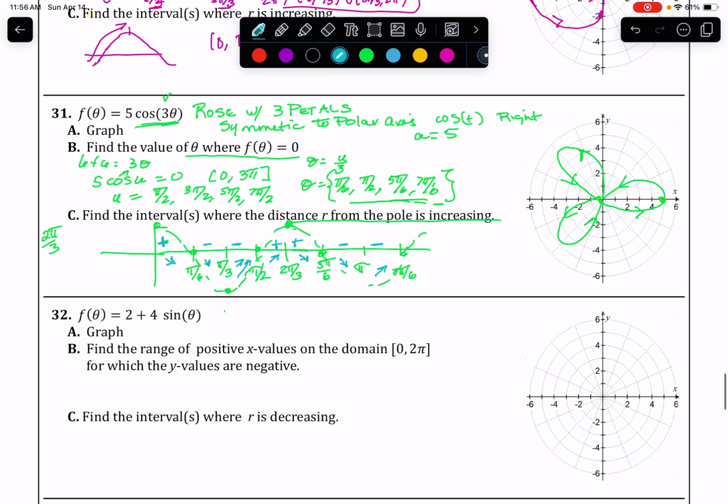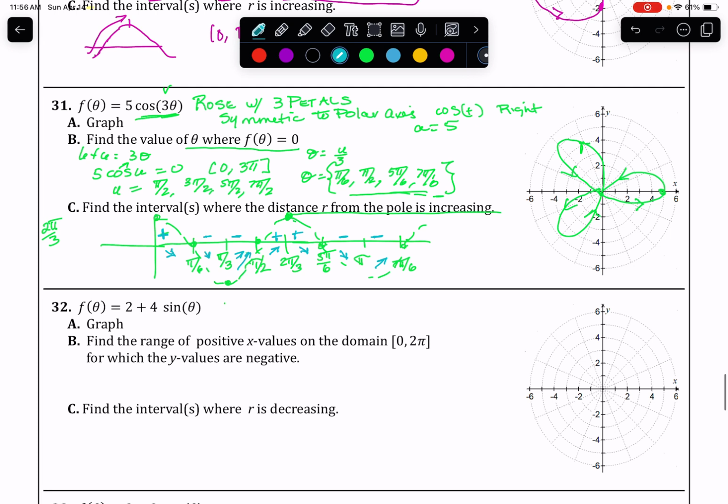I'm pretty sure, I'm double checking, but I'm pretty sure that I don't need to say that last 0, 7 pi over 6. I'm going to triple check though real quick. Hang on.